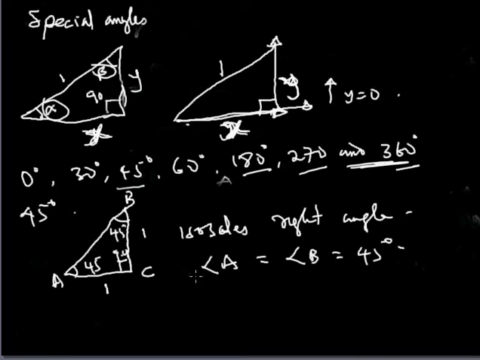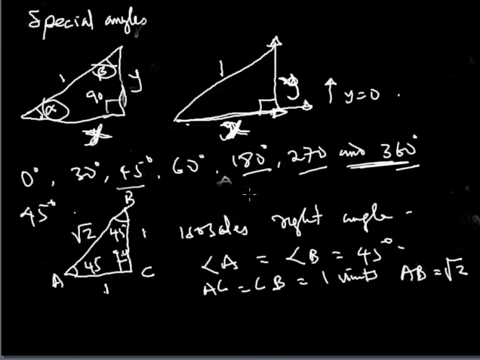So that means AC is equal to CB is equal to 1 unit. Then AB is equal to root 2 if you use Pythagoras rule.